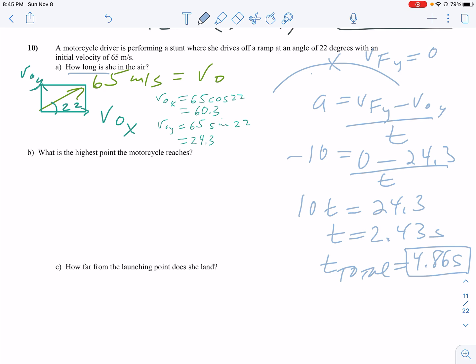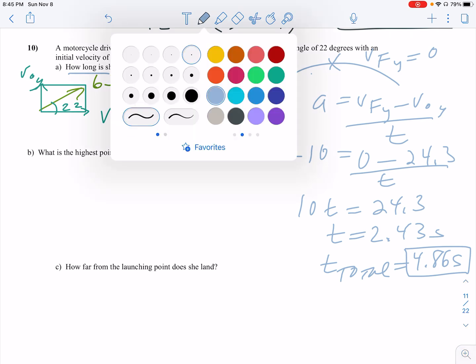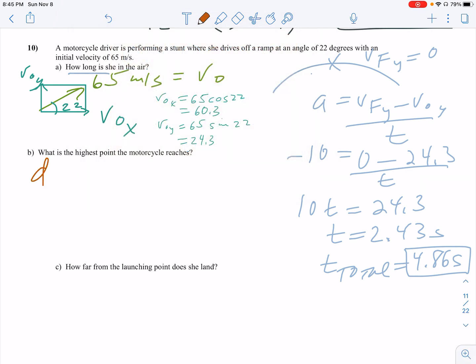Where's the highest point? Okay, this is the same thing that we just did. Highest point is what? dy. So d equals v0t plus at squared over 2. We're going to use only y values.